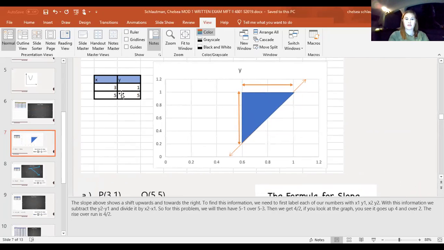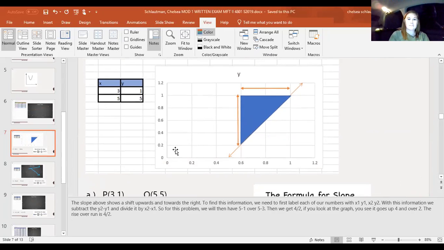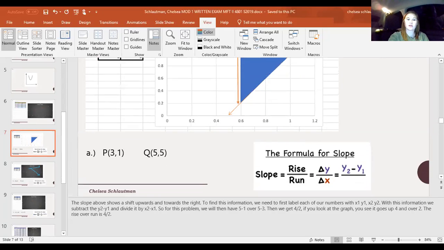Anytime X is 5, Y will be 5. So we're going to plot that here on the graph. And as you can see, it shows us the rise over run already. So we count 1, 2, 3, 4. We go up 4 over 1, 2. So our rise over run is 4 over 2.